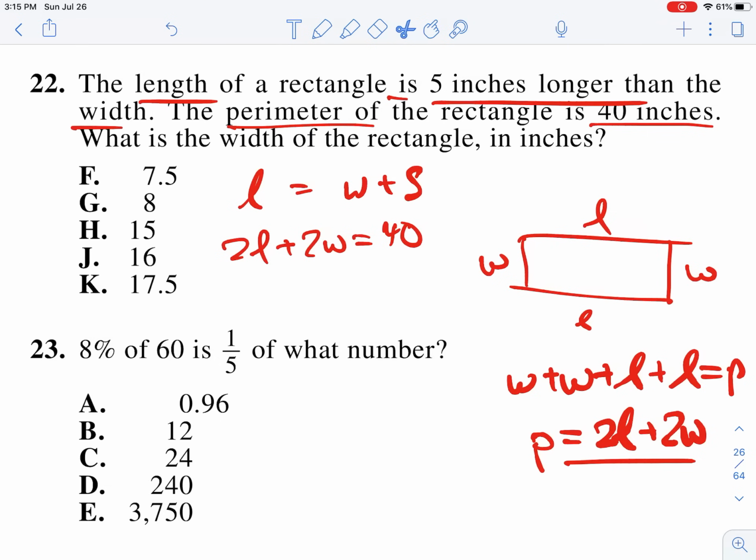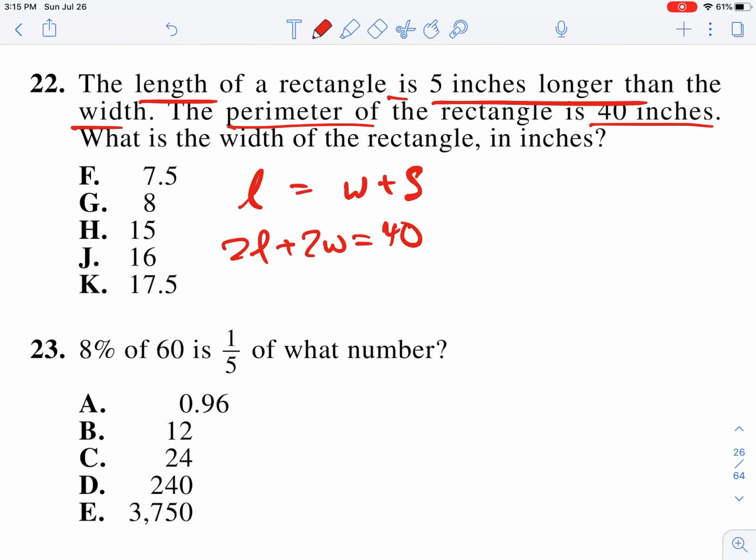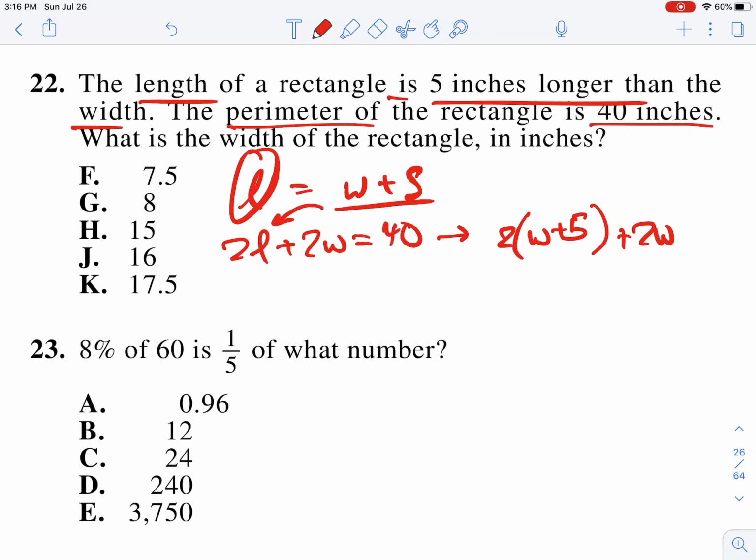All right, now that we got that out of the way, we have 2 equations and 2 unknowns. We can plug one unknown into the other and solve. I'm going to take this L and plug it in down here: 2 times (W plus 5) plus 2W equals 40.